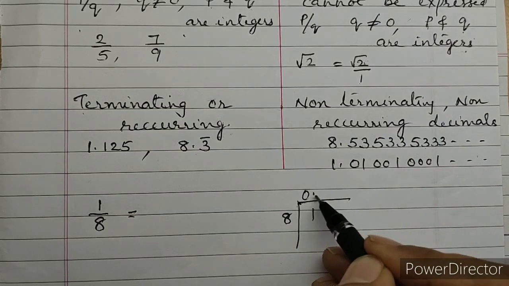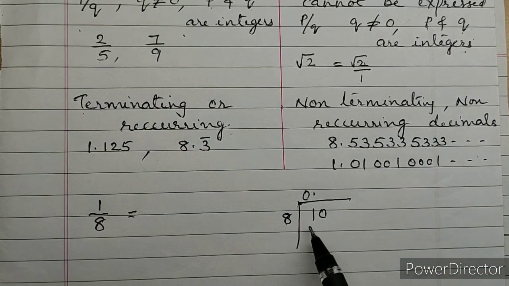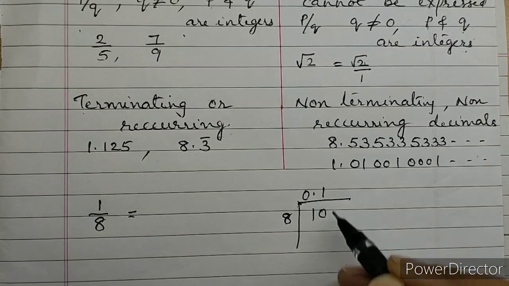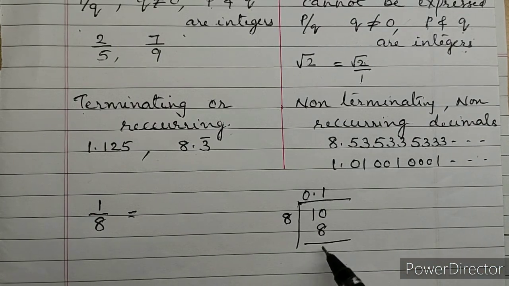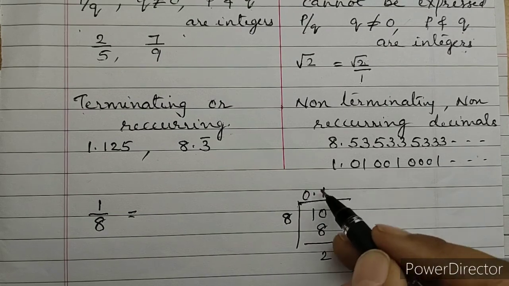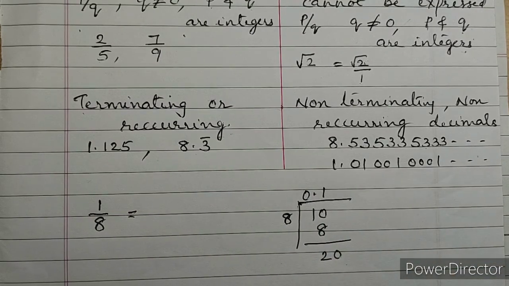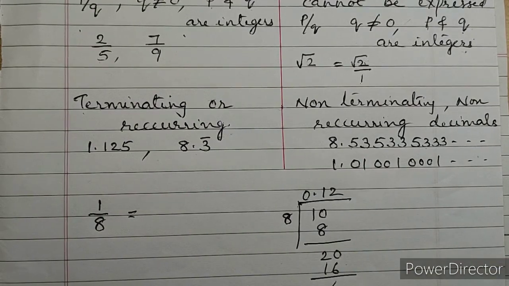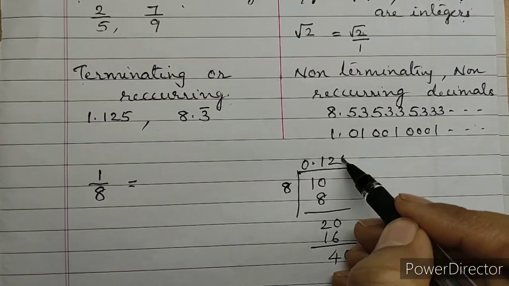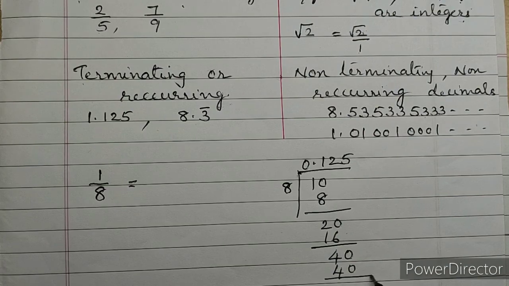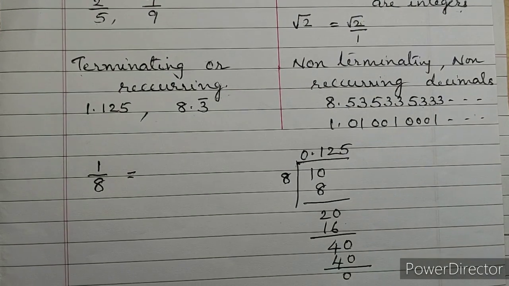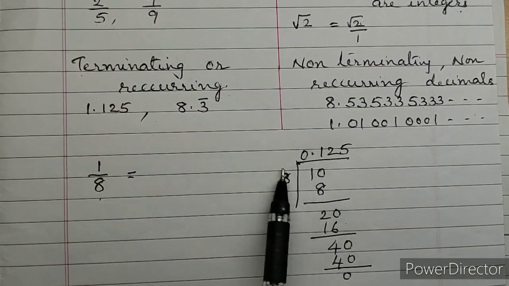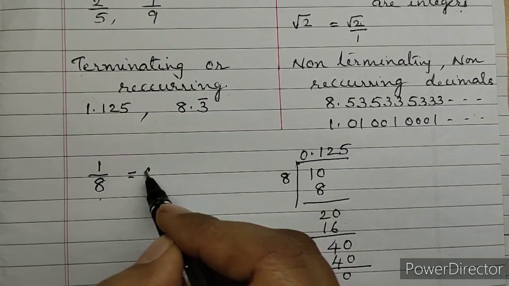You have to put the point here, 0 will come here, then in 8, how many times it will go? 1 time it will go, 8, remainder, subtract it, remainder it is 2. Because of the point, you can put 0 here. So in 20, 8 how many times? 2 times it's 16, subtraction 4, you can put 0 there, 5 8s are 40, remainder is 0. So 1 by 8's decimal expansion is 0.125.